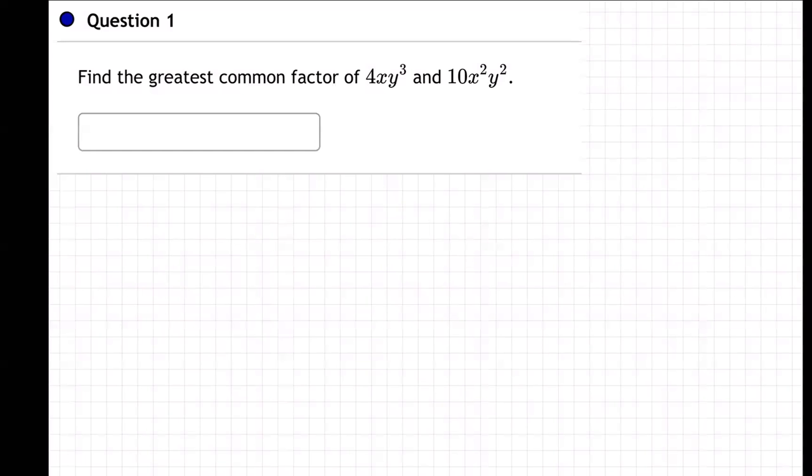All right, so how do we find the greatest common factor of these two letter expressions?